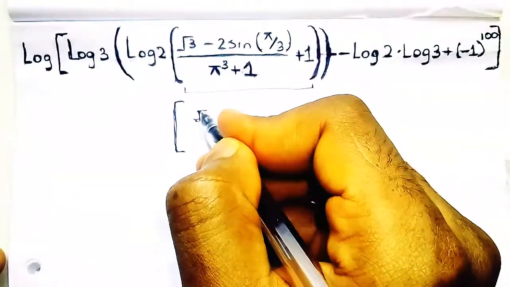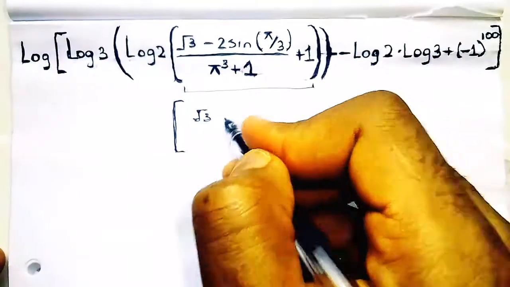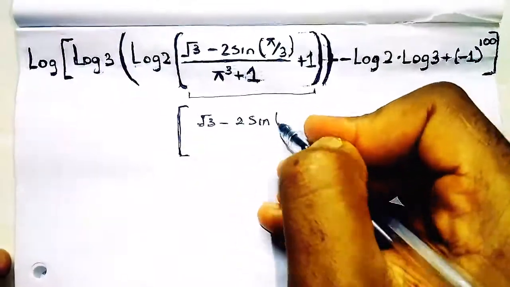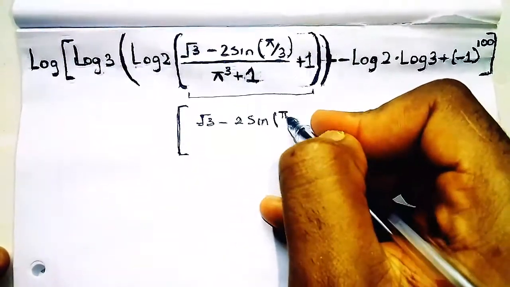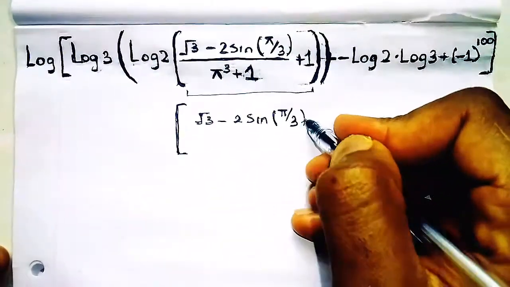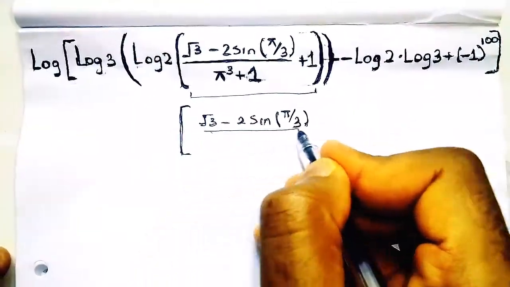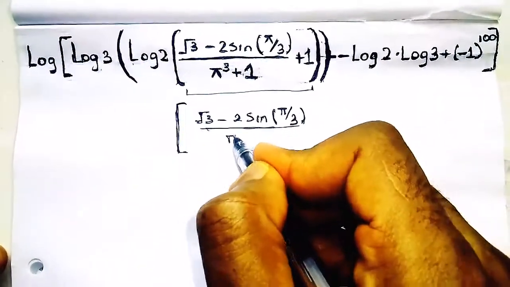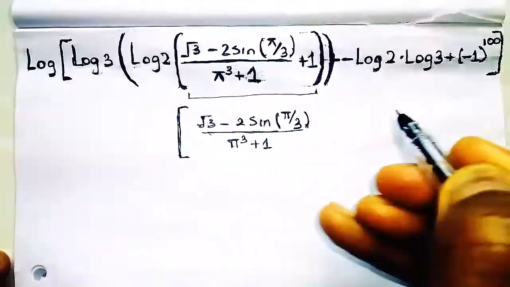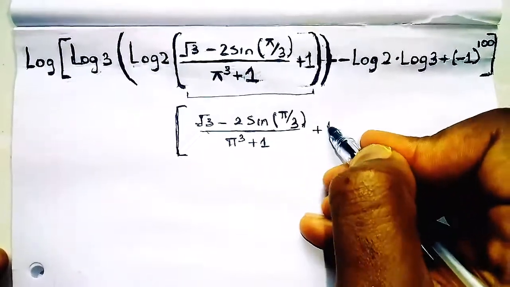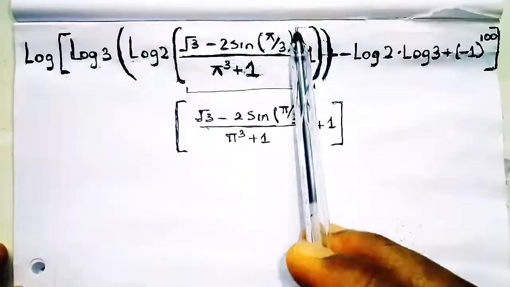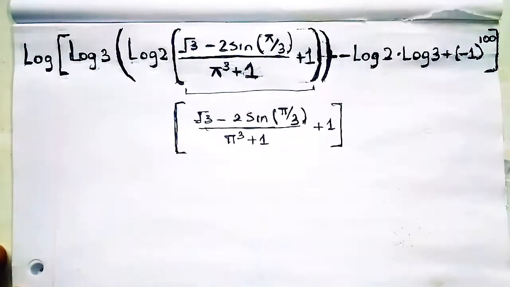So we're having root 3 minus 2 sine pi over 3, then divided by pi raised to power 3 plus 1, then plus 1 right here. Like I said, we are solving this inner bracket, so I just literally brought this one down.